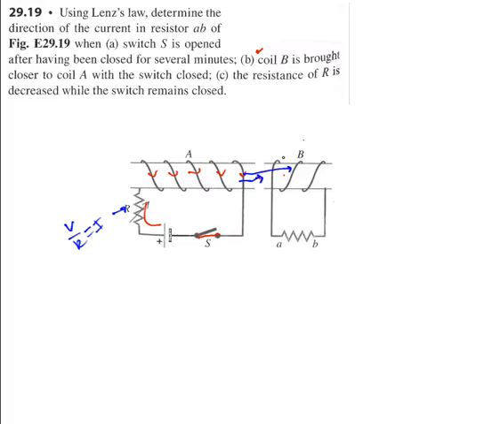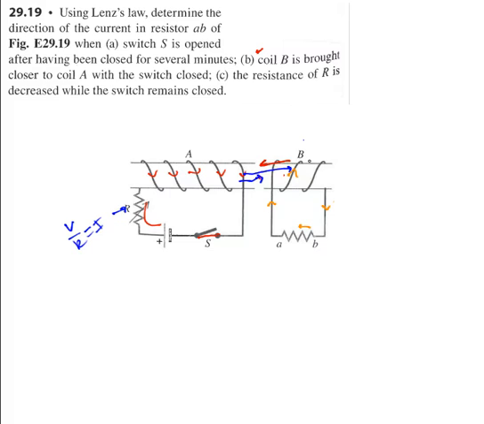And so the induced current is going to try and fight the change. It's going to try and make its own magnetic field, which knocks it down to what it was in the beginning. So in order for the current in B to make a magnetic field that's to the left, the current needs to be going like that.